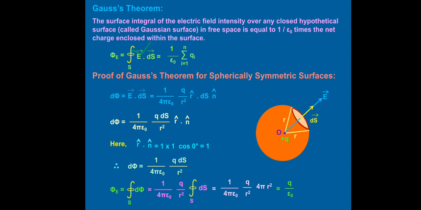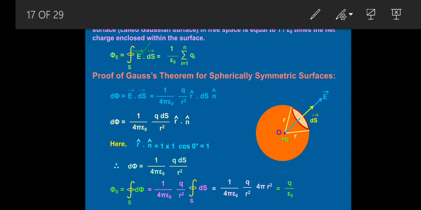Let me repeat the statement of Gauss's theorem: total electric flux, this is phi, is equal to 1 by epsilon naught times the charge enclosed by a hypothetical closed surface.